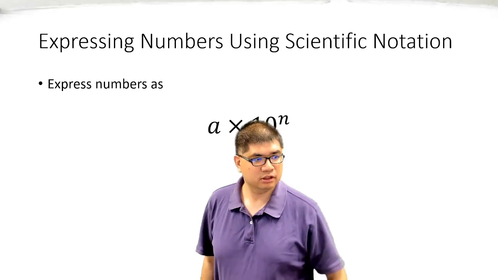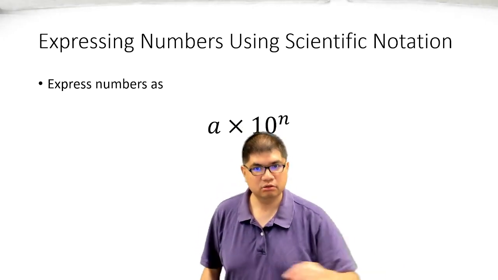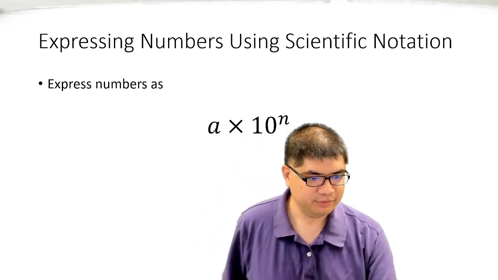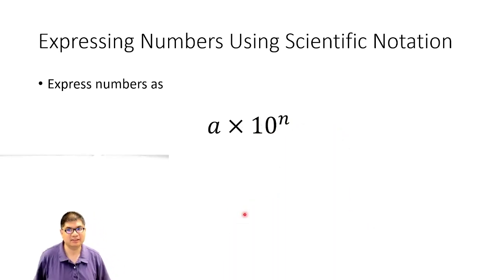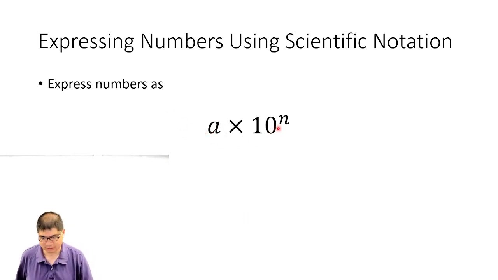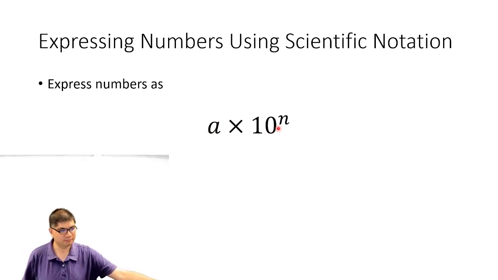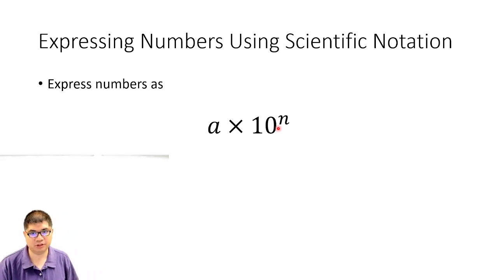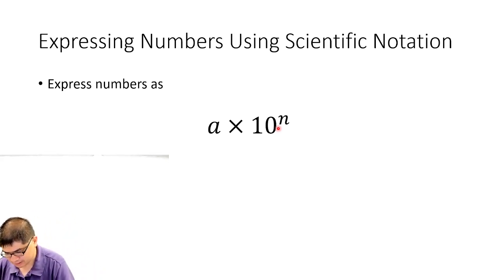In scientific notation, we're expressing numbers in this way: you have something times 10 to the something else. Let's give these parts some names.